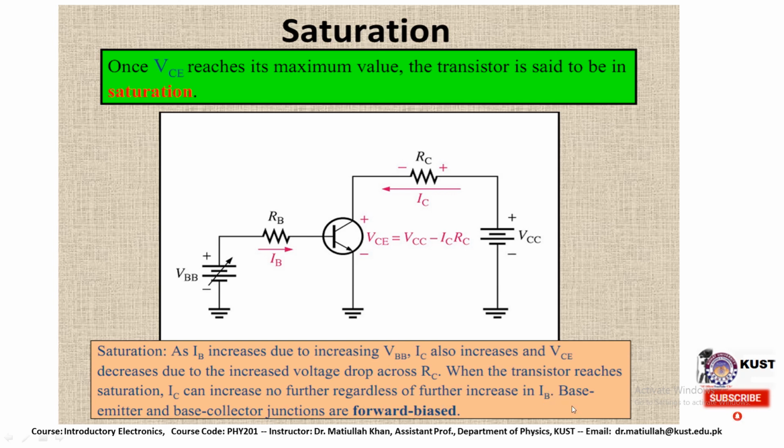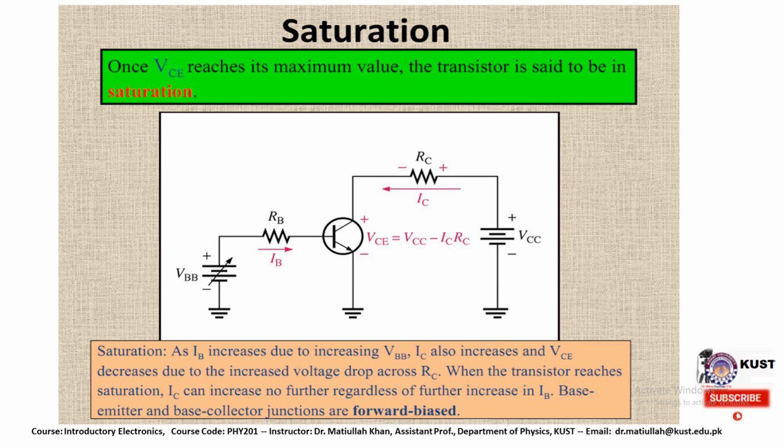Increasing the value of IB can lead to an increase in the value of IC, but a point is reached where further increase in IB does not increase the magnitude of IC. This is considered to be the saturation mode. IC can increase no further regardless of further increase in IB.